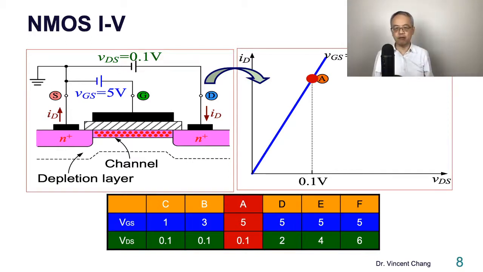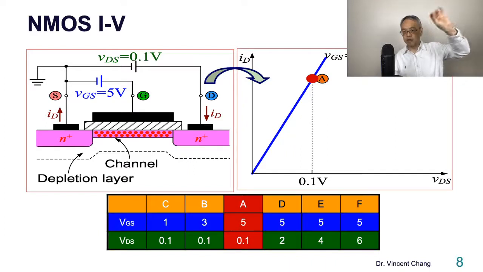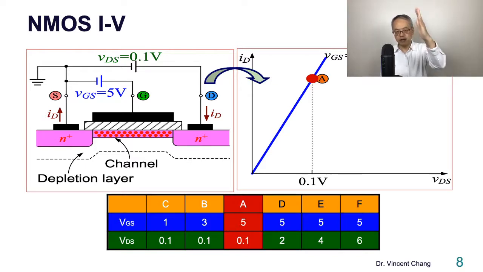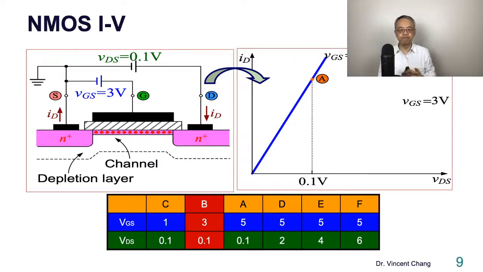It basically follows Ohm's law, so ID will be linearly related to the voltage VDS. The slope represents the inverse of the resistance.